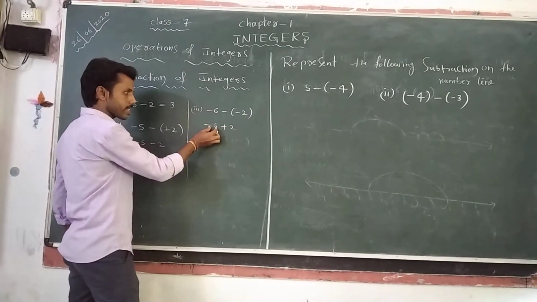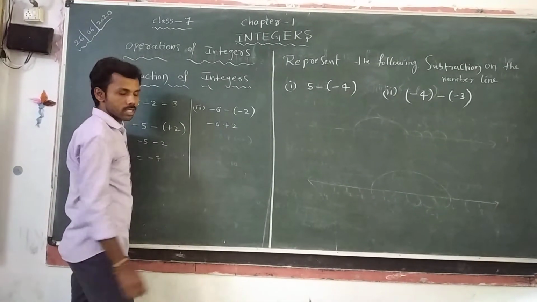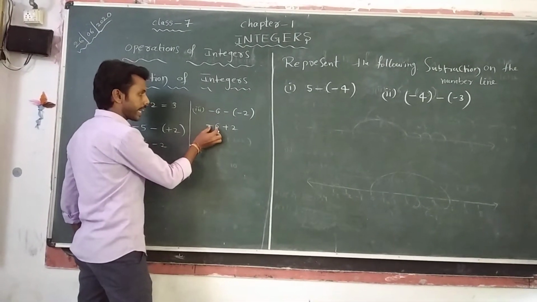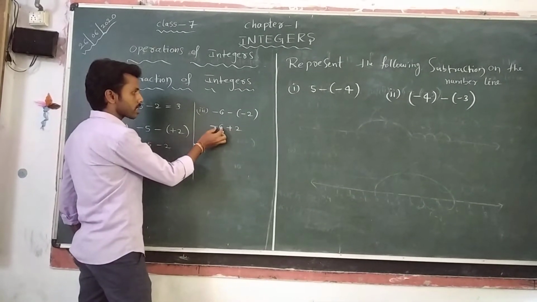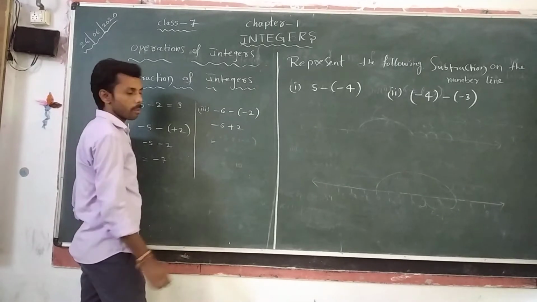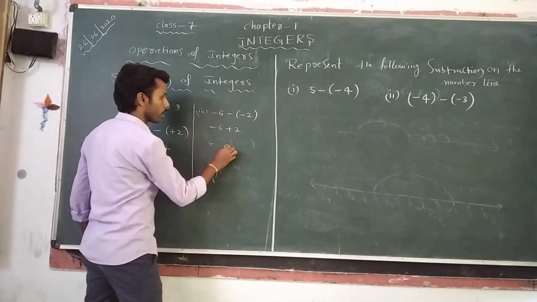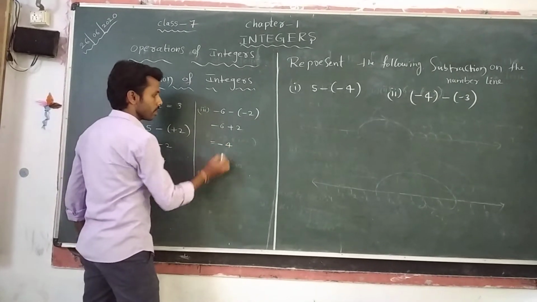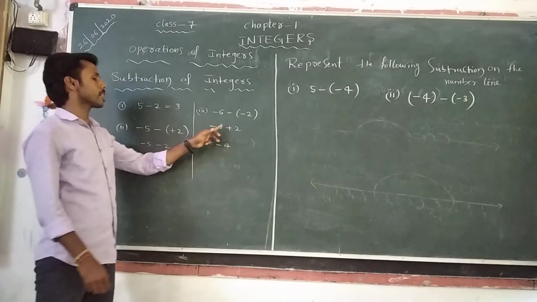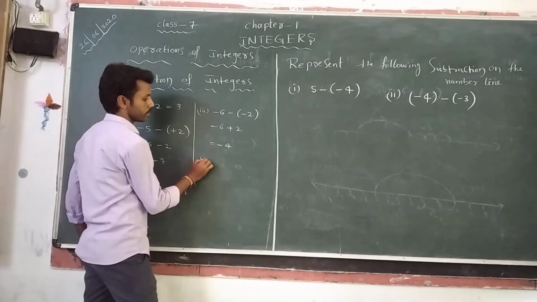Here one is negative and one is positive. Which symbol is bigger? The minus symbol. So 6 minus 2 is 4, and the minus symbol is raised, so minus 4. Minus 6 plus 2 equals minus 4.